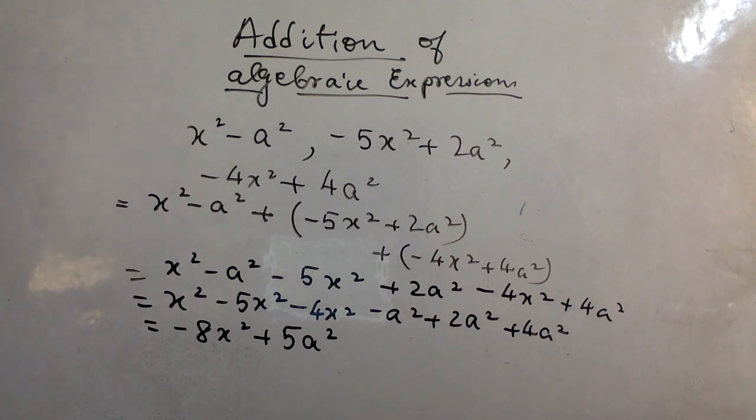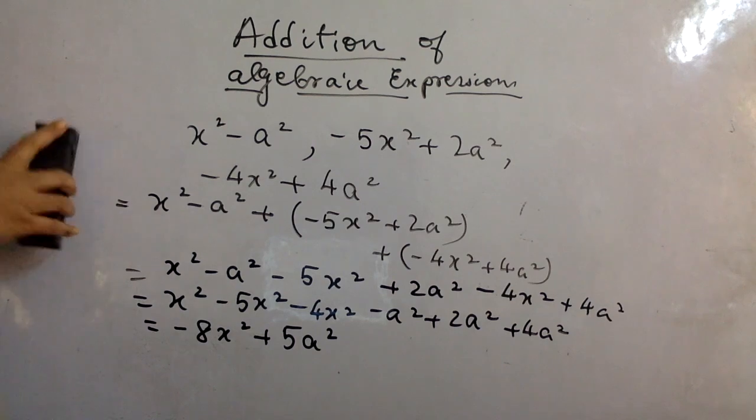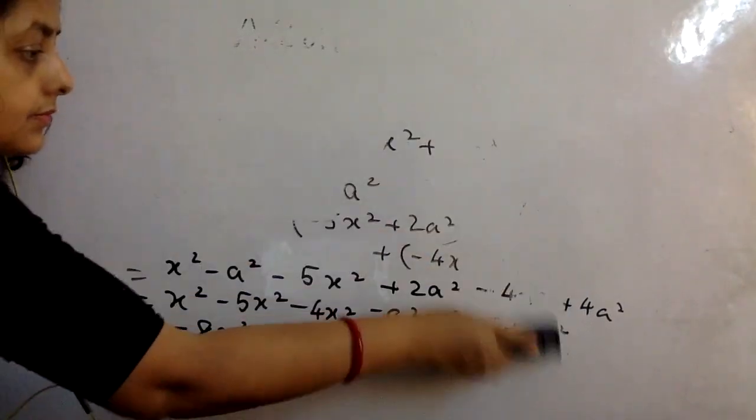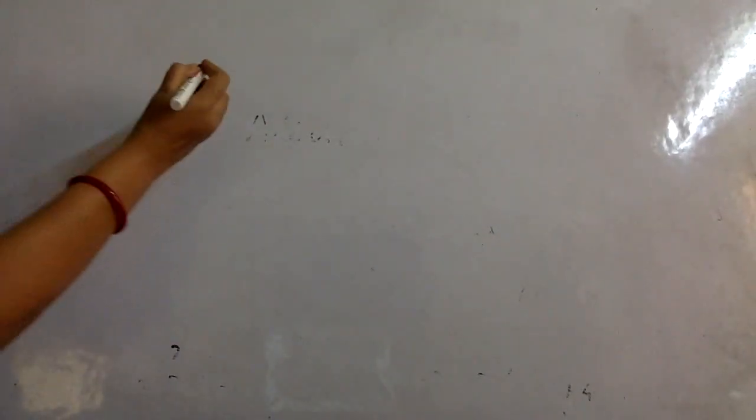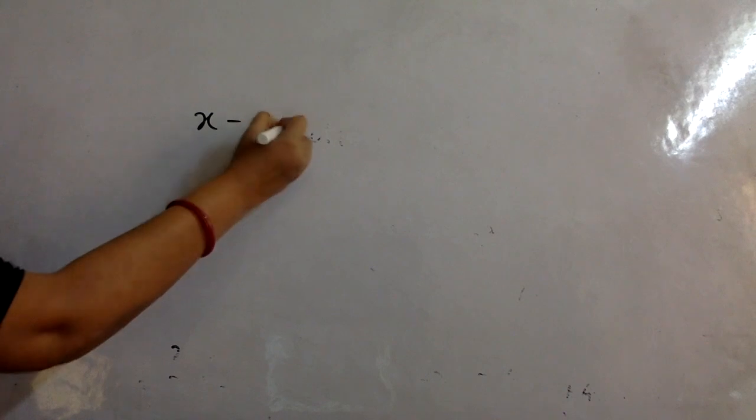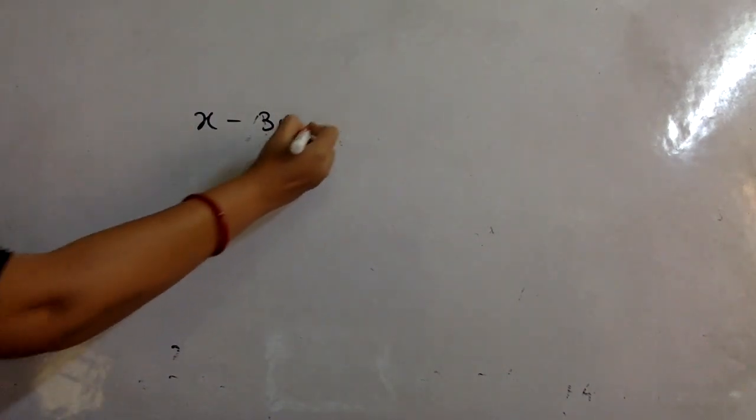Now let me take up a sum by the vertical method. So how do I do it by the vertical method? x minus 3y minus 2z.